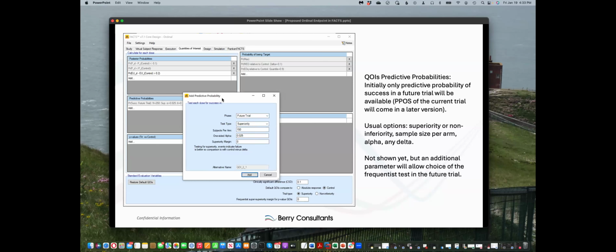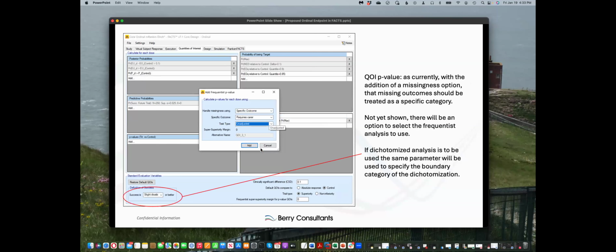So this is for where you're simulating a phase 2, and a way of making a decision in the phase 2 trial is to evaluate what the potential power of a future phase 3 would be. So not included in that list, there will be a choice of which of the frequentist tests you'll be proposing to use in the future trial.